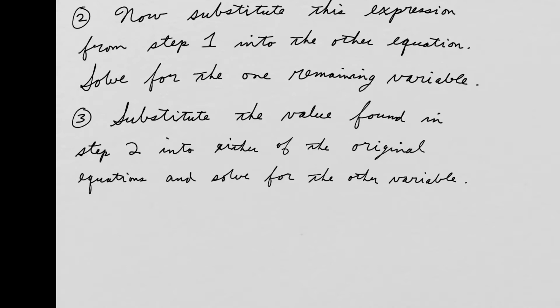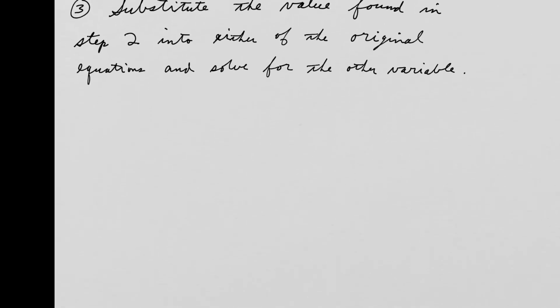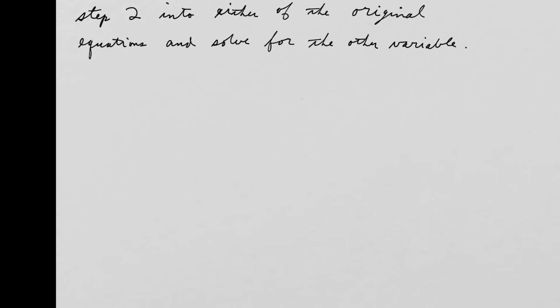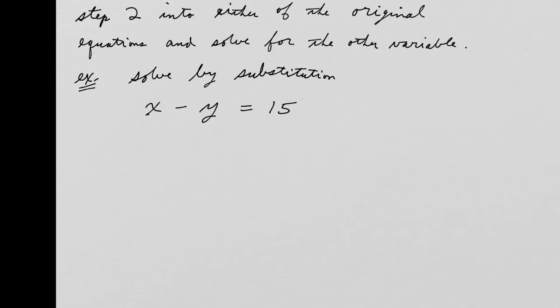Okay, so here's the first example. Let's say I want to solve this system by substitution. And here's my system. x minus y is equal to 15. And then y equals negative 4x.